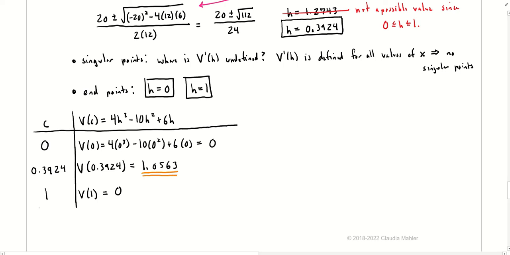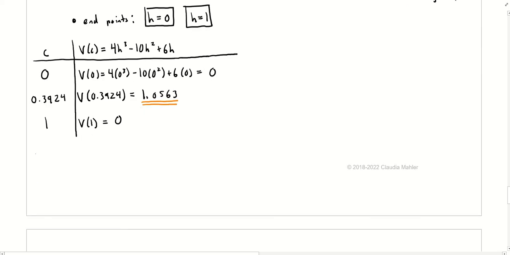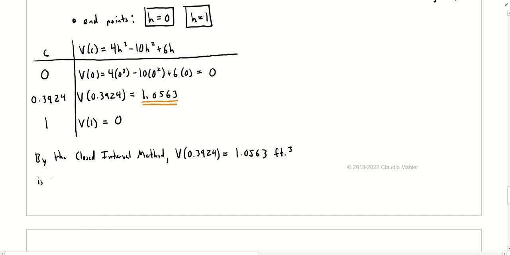So I can say here at the bottom, by the closed interval method, an h value of 0.3924 gives me a volume of 1.0563, and this is in terms of feet cubed, is the maximum volume.